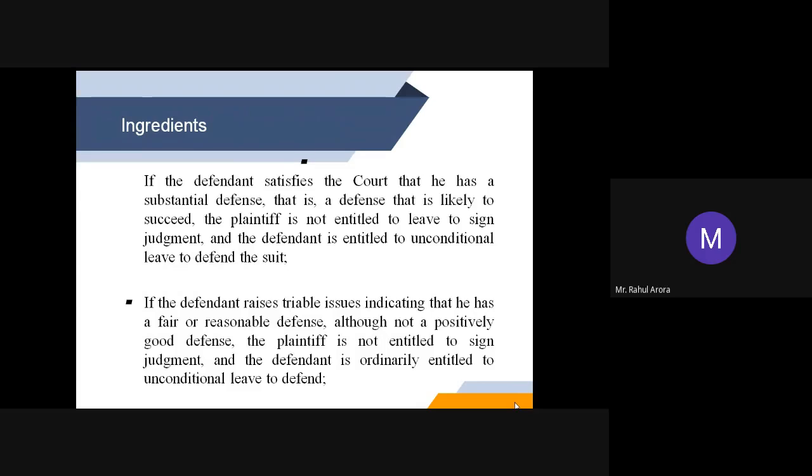So from this, my dear students, we may infer that leave to defend can be granted on the basis of a fair or reasonable defense available with the defendant. If the same is available, then it is a good ground for getting unconditional leave to defend that may be taken by the defendant or by his counsel.